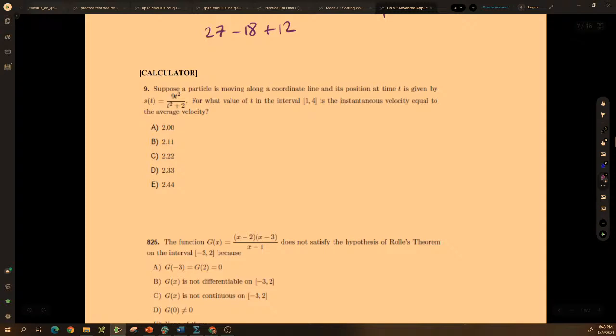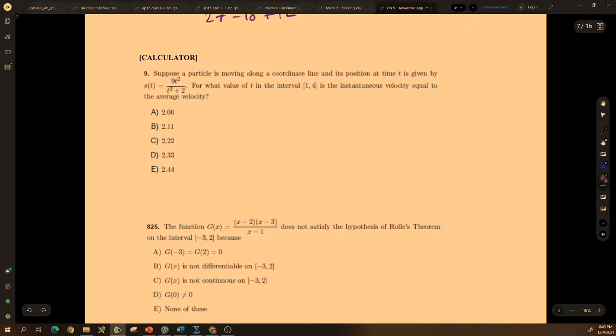So, suppose a particle is moving along a coordinate line, and its position at time t is given by s of t equals 9t squared over t squared plus 2. For what value of t in the interval 1 to 4 is the instantaneous velocity equal to the average velocity?